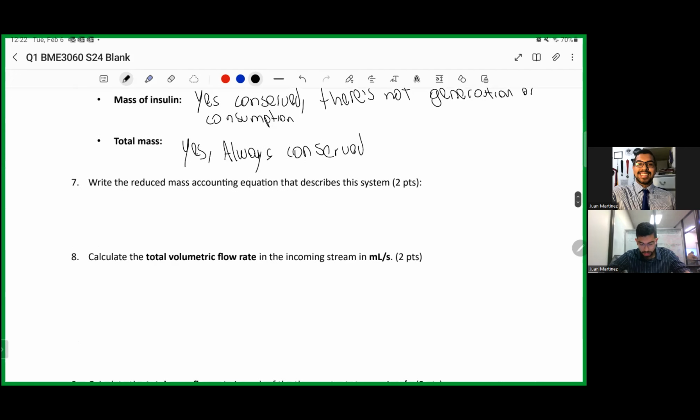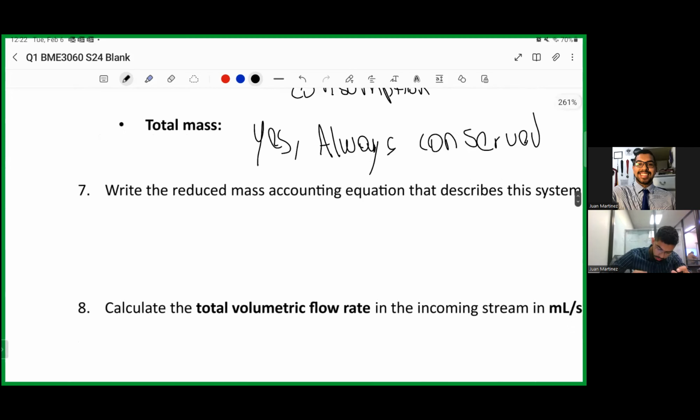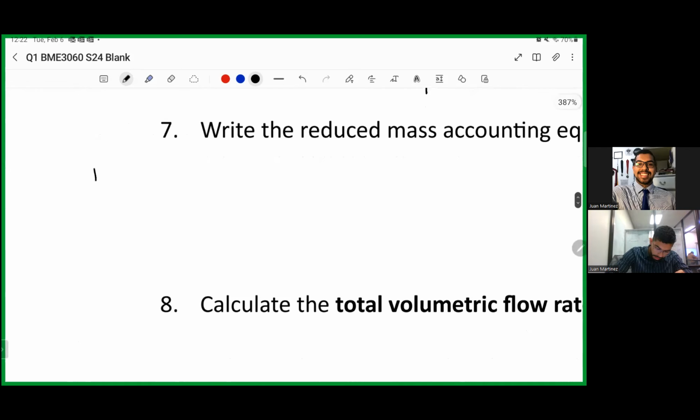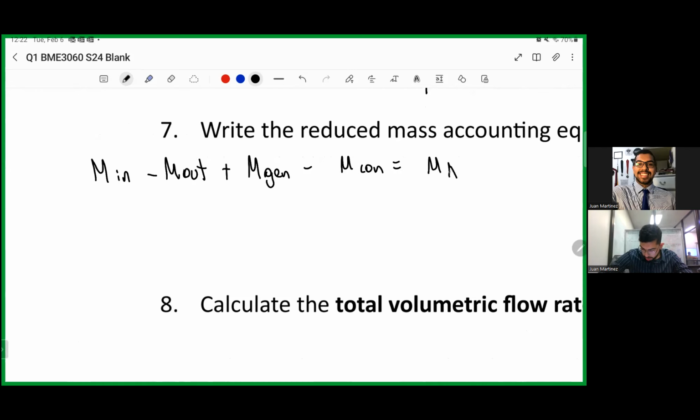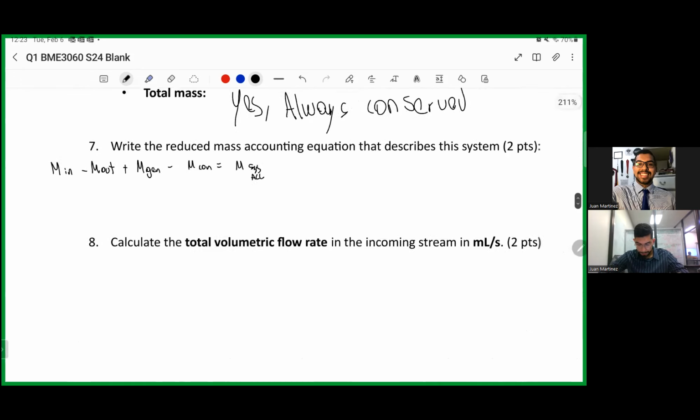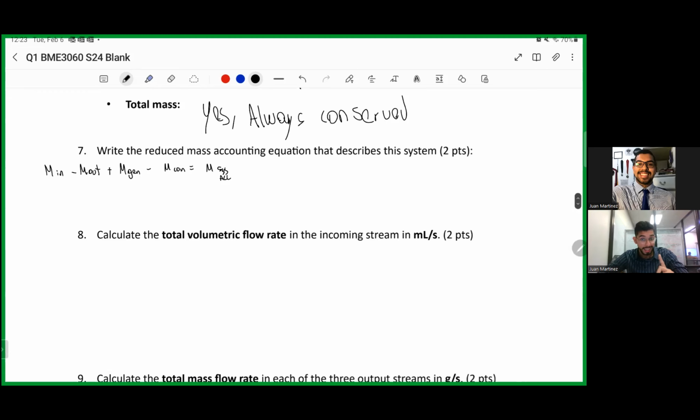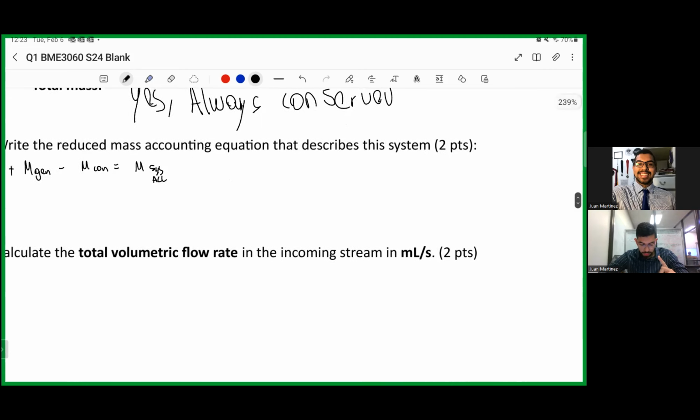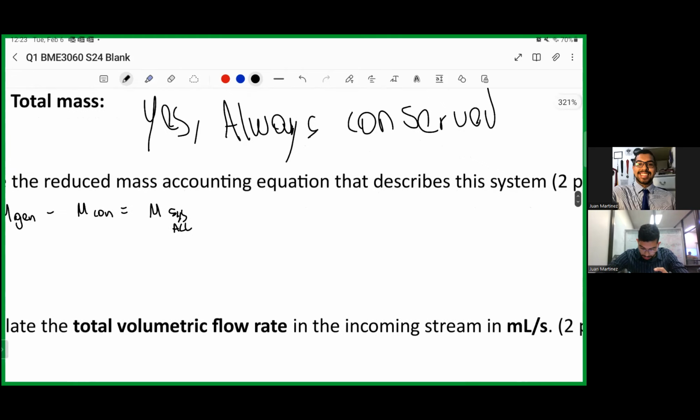7. Write a reduced mass accounting equation. When we're talking about reduced, it's not the whole thing. The whole thing, the general one, is this: mass in minus mass out plus mass generated minus mass consumed is equal to mass accumulation in the system. Something key here, where you can definitely lose points if you don't read correctly, is that it says mass.